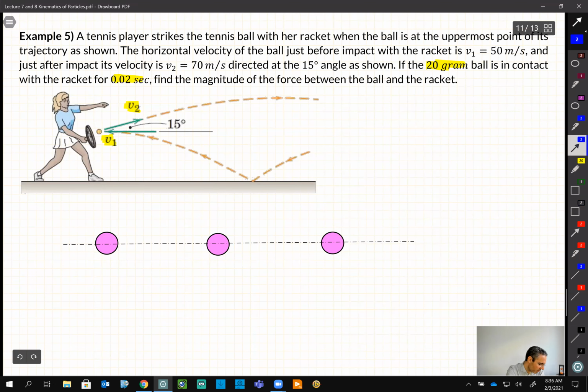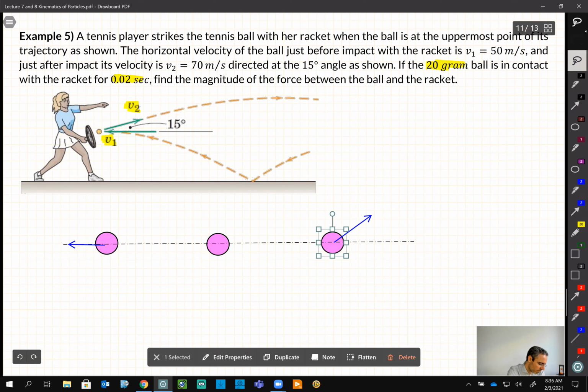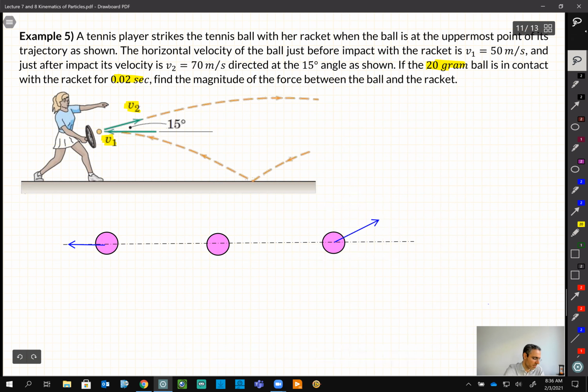We have here velocity v1, and then this will be velocity v2. It is at an angle. It's just 15 degrees.